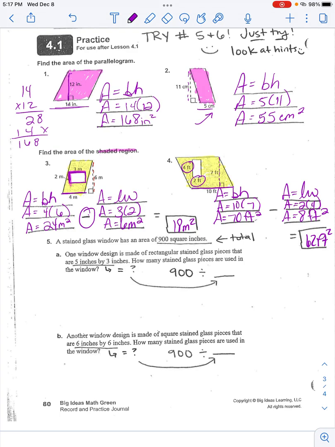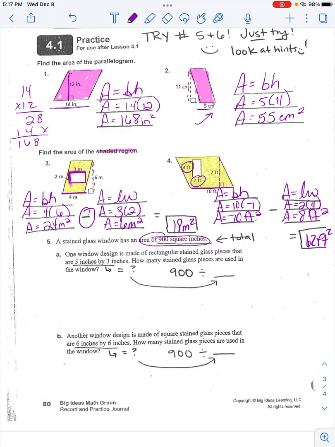Okay, and then we've got a few word problems. Again, very similar to our notes. So a stained glass window has an area. It's already telling you that the area of a stained glass window is 900 square inches.